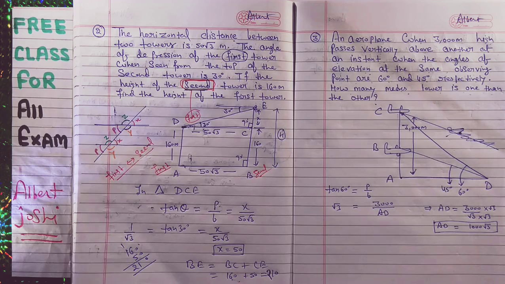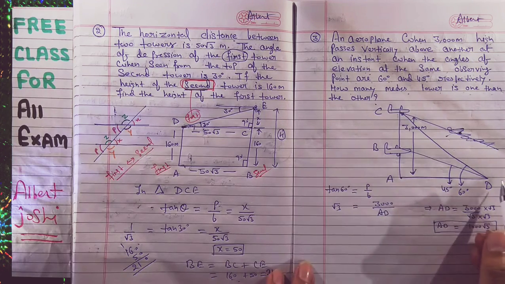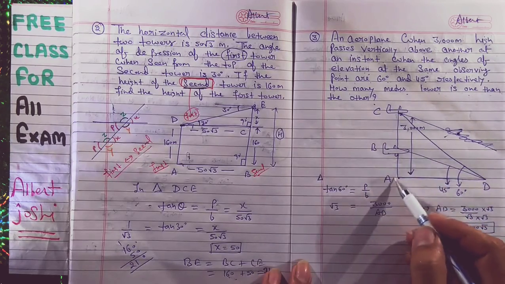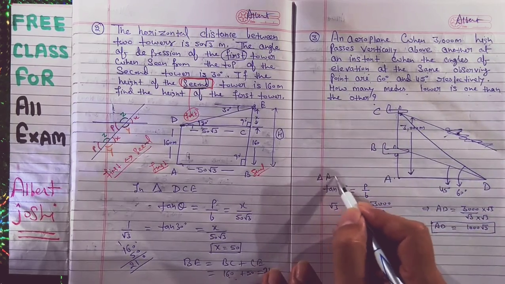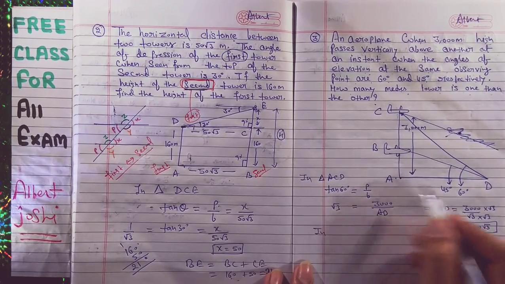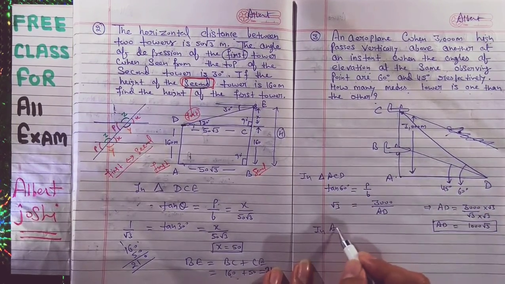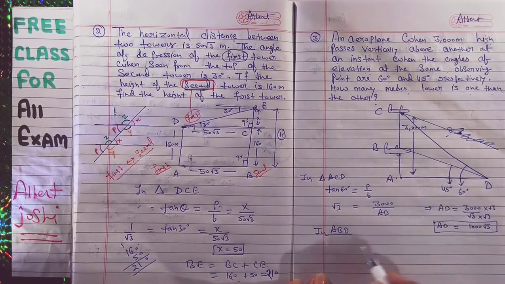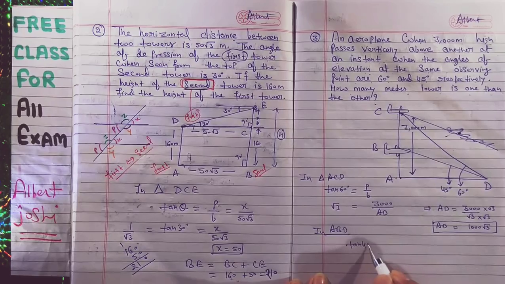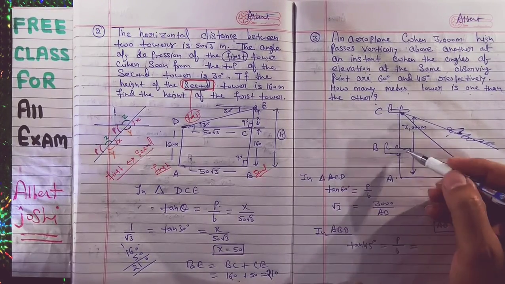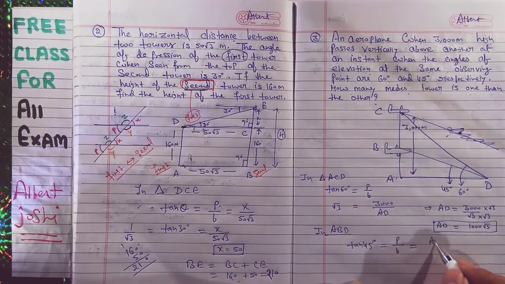Now at first we found in triangle ACD, now in triangle ABD. Okay, so tan 45 degree is equal to perpendicular upon base. So what is perpendicular? Perpendicular is this, AB, upon this AD.